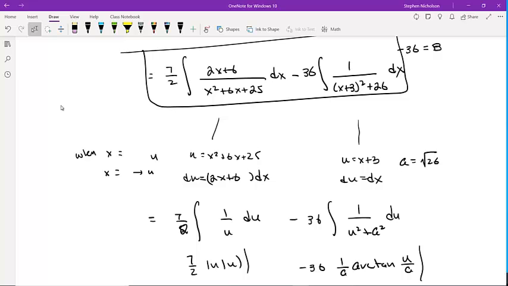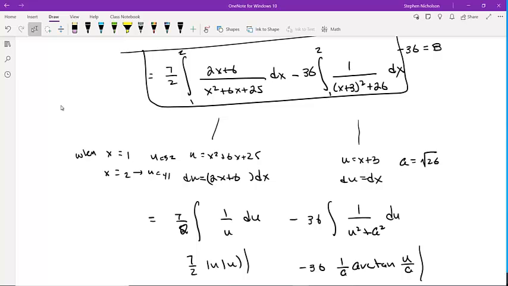And x here would be, let me just put some numbers in here, say 1 and 2. So here u would be equal to 1 plus 6 plus 25, which would be 32. And here u would be 4 plus 12, which is 16, 16 plus 25, that'd be 41, I think. Yeah, okay. So those would be the u limits.